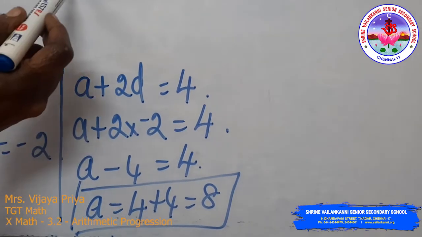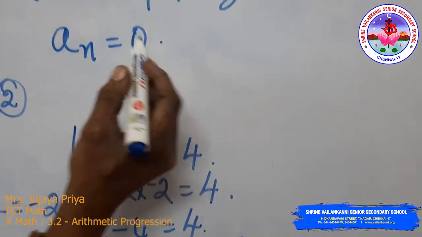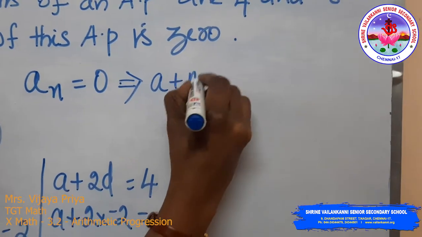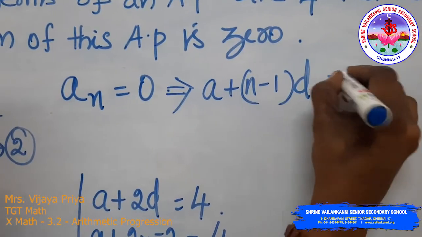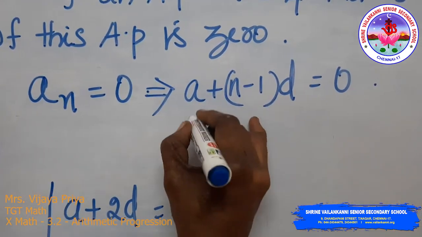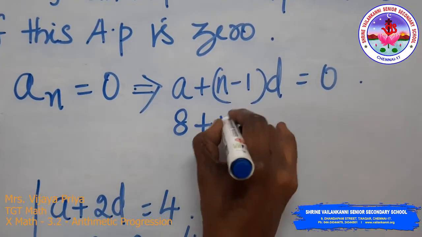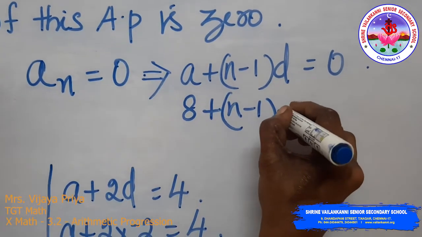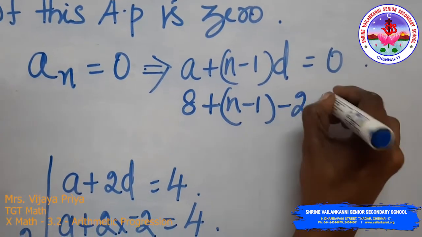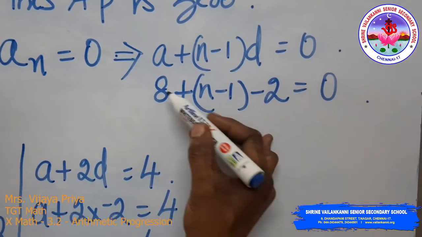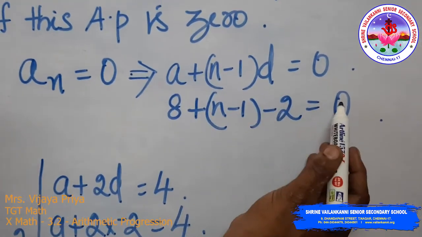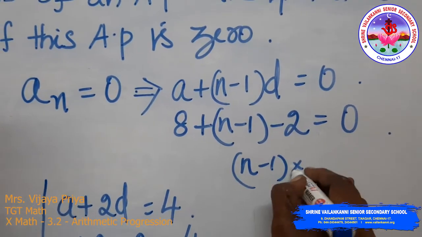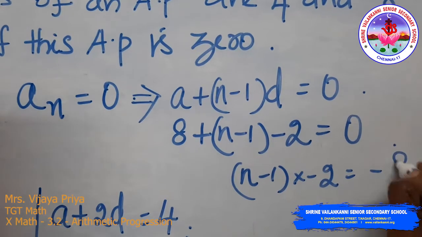I am going to substitute in an is equal to 0, where the an expression is A plus n minus 1 into D, which is equal to 0, where A value is 8 and D value is minus 2. So I am taking this plus 8 to the other side. It becomes minus 8. So n minus 1 into minus 2 is equal to minus 8.